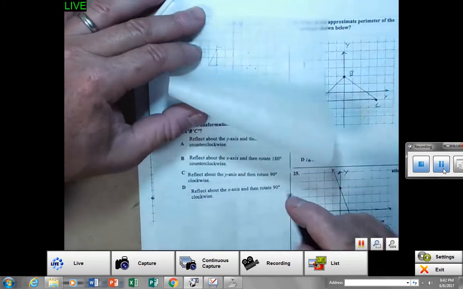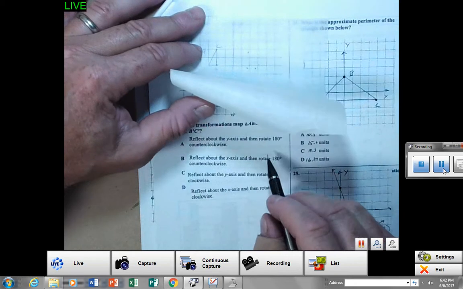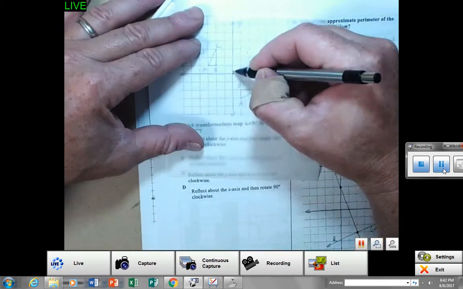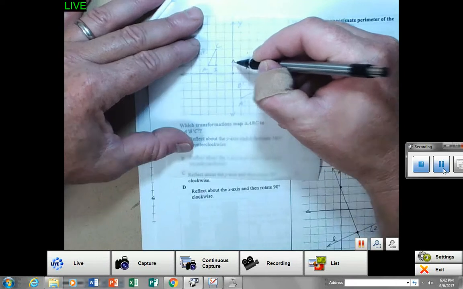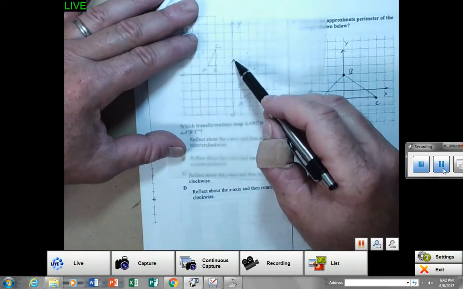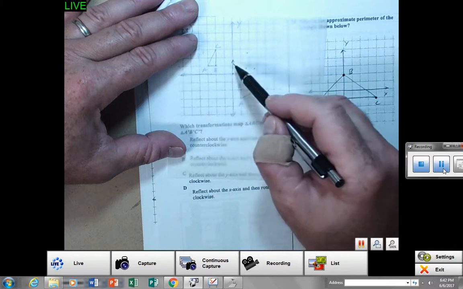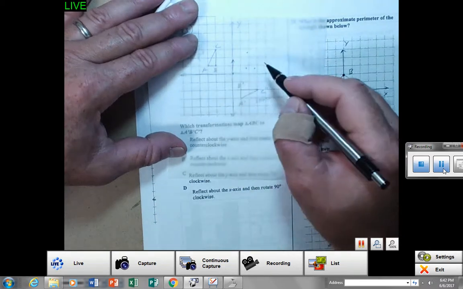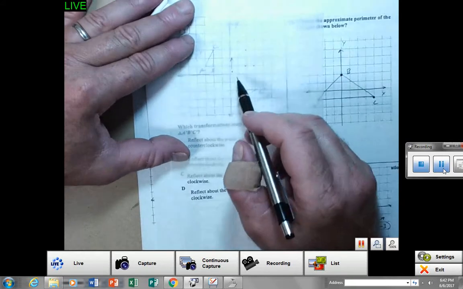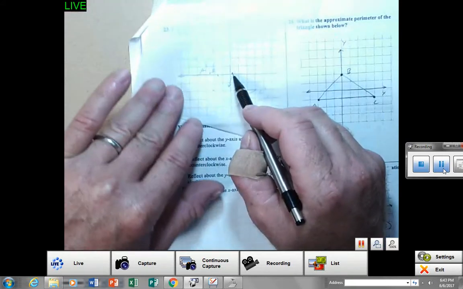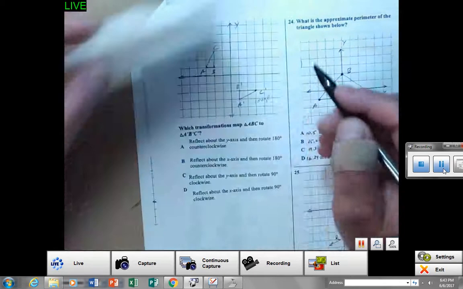If I rotate that 180 degrees counterclockwise around the origin, that means from here, with my little line of reference, I'm moving 180 degrees counterclockwise. Clockwise is like a clock, counterclockwise is the other way. So that would be taking this triangle right here and moving 180 degrees counterclockwise. And you can see, not even close. Nope.